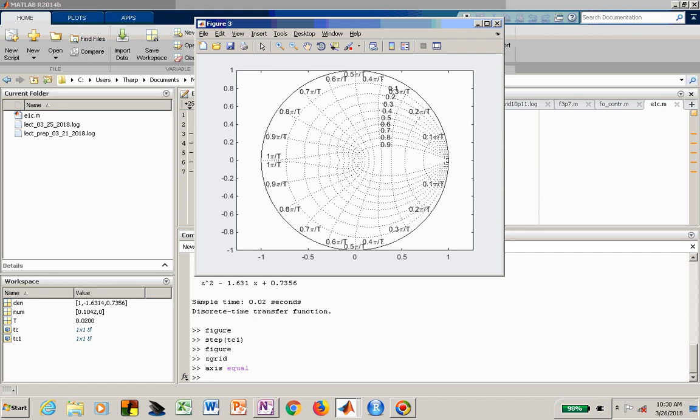So you can see that those particular curves are the natural frequency.